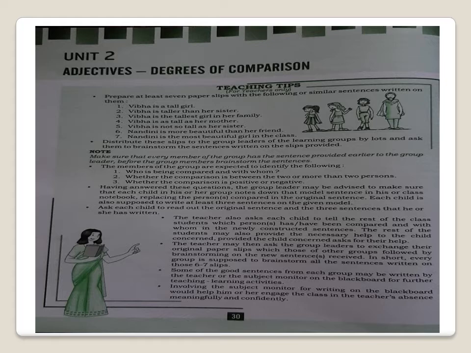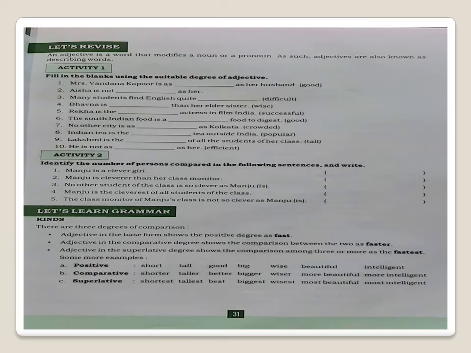Let us go further on page number 30. We'll do some exercises and we'll come to know about adjectives, degrees of comparison. Here on page number 31, children, given here: an adjective is a word that modifies a noun or pronoun. As such, adjectives are also known as describing words.